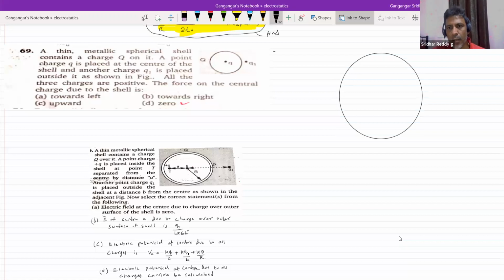So there is a point charge Q, which is at the center. We'll give different colors to the charges. There are already some charges there, and one another charge is kept here.